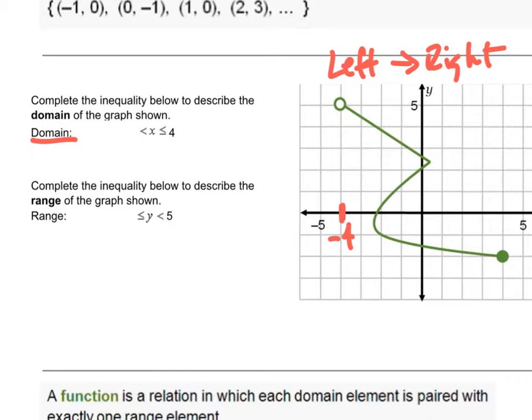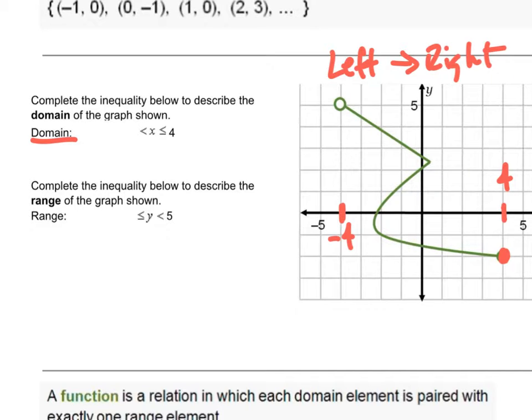Okay, where do I start? I start at negative 4. And then where do I stop? Stop at positive 4. Now, I include the value at 4 because we have a closed graph there, but I have an open graph here.